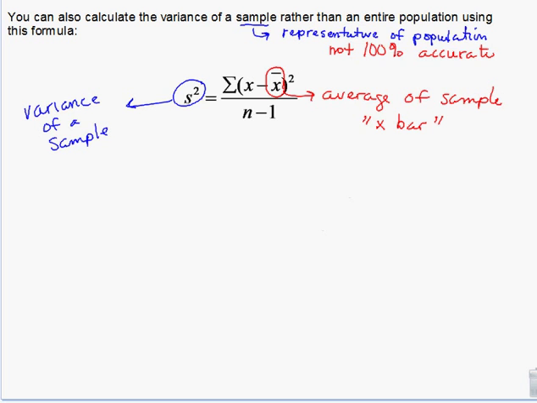And then we take the total number and we subtract 1. As far as your calculation goes, that is your only difference between calculating the variance of a population versus calculating the variance of a sample. So it's the sample minus 1.